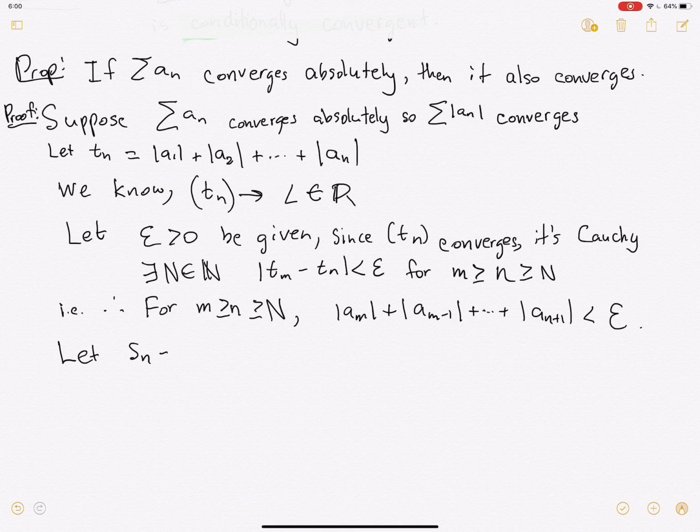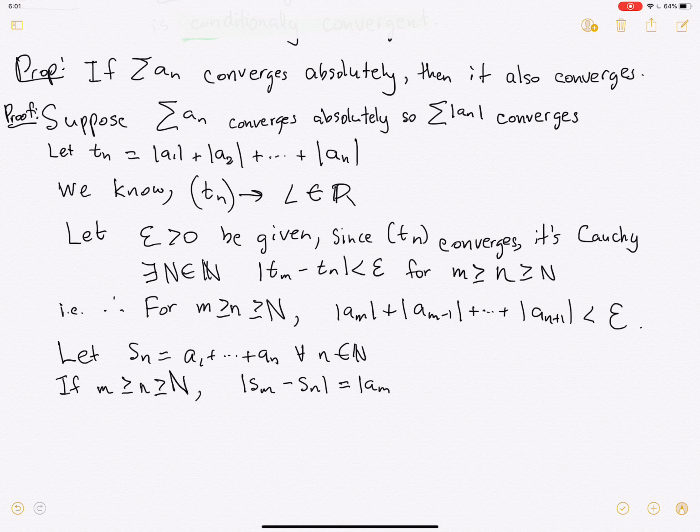Let S_n be the partial sum for all n in N. If m is greater than or equal to n is greater than or equal to big N, we have S_m minus S_n is equal to a_m plus a_{m-1} plus all the way to a_{n+1}, and that is less than or equal to the absolute value of each term by the triangle inequality, going down to a_{n+1}.